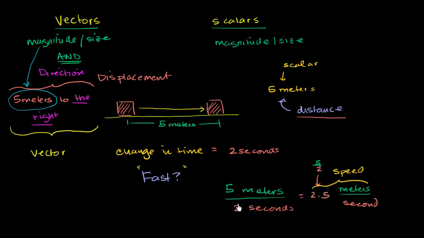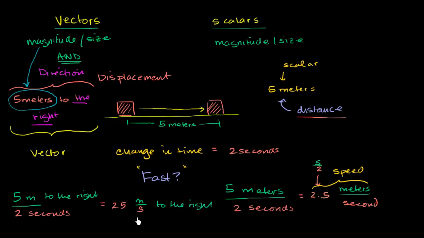Now, if we say it went 5 meters to the right in 2 seconds, what do we get? We get, once again, 2.5 meters per second to the right.